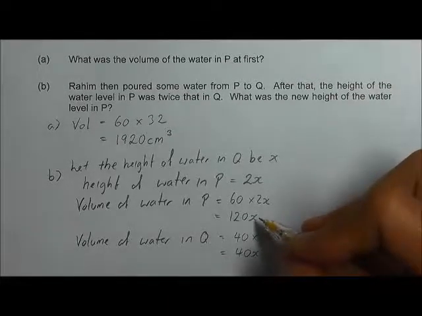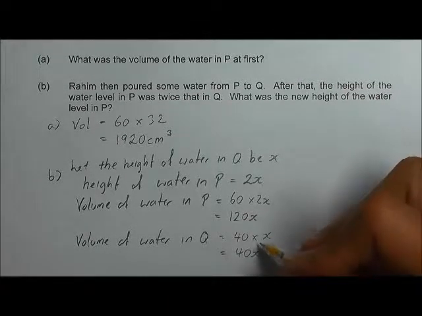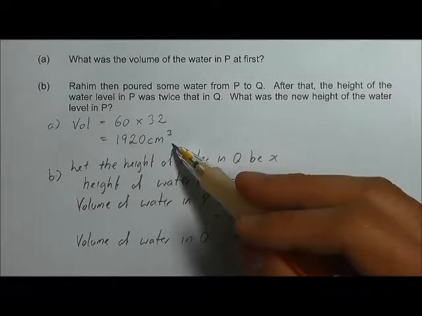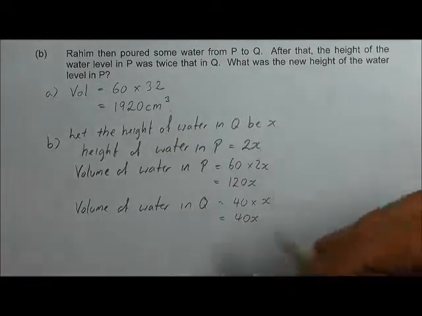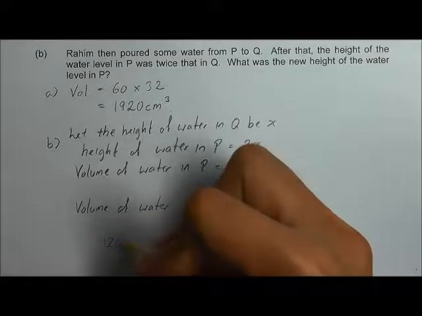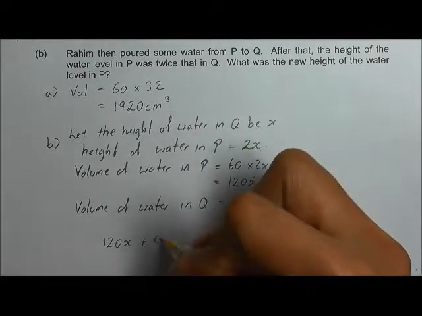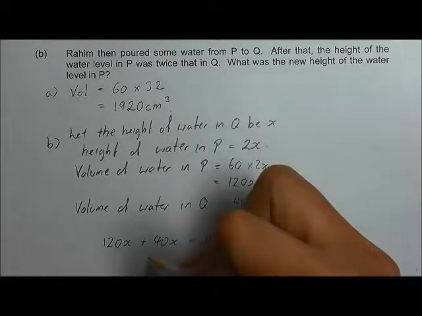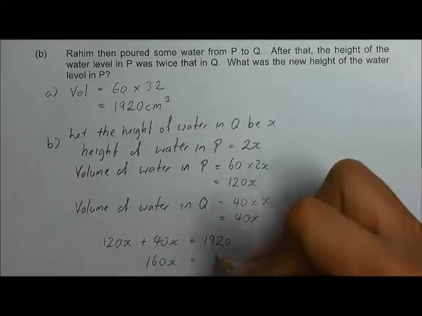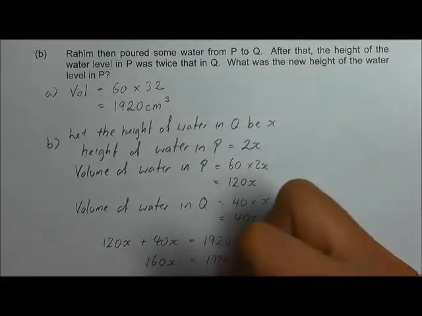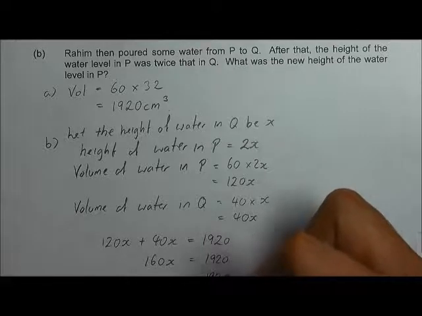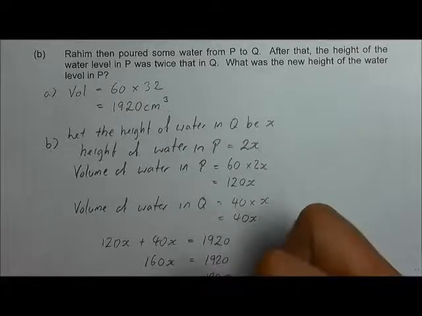And if we add up the water in both containers, we will get back the initial volume, which is 1920. So we can form the equation 120x plus 40x is equal to 1920. 160x is equal to 1920. x is equal to 1920 divided by 160.